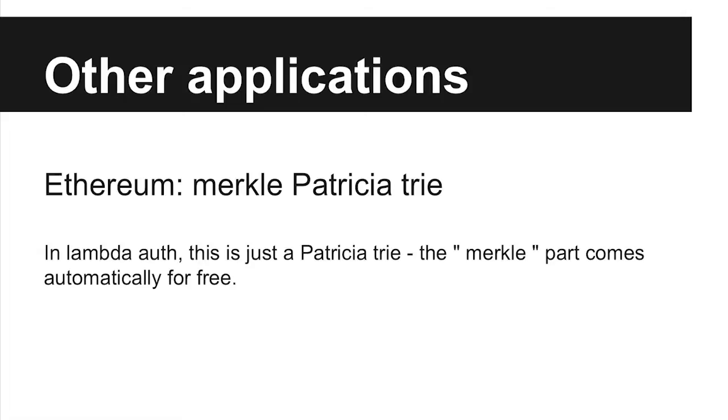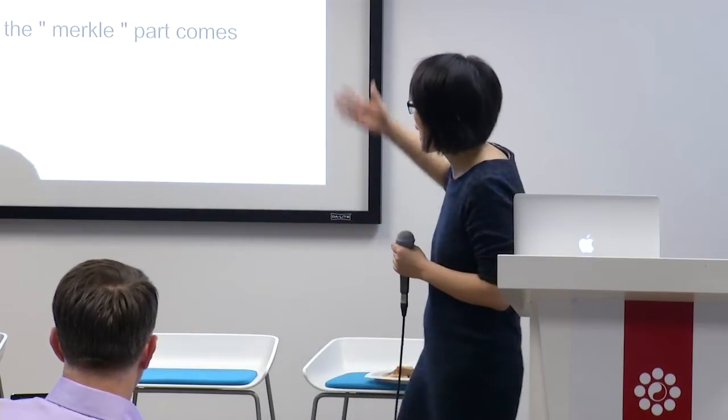This might also be relevant to Ethereum because Ethereum has this Merkle-Patricia trie, and the idea is you want to create a history-independent data structure such that the end state is independent of the order of the operations. So if you had something like Lambda Auth, the programmer could just focus on programming the Merkle-Patricia trie without having to worry about the crypto at all, because the crypto will be automatically generated.